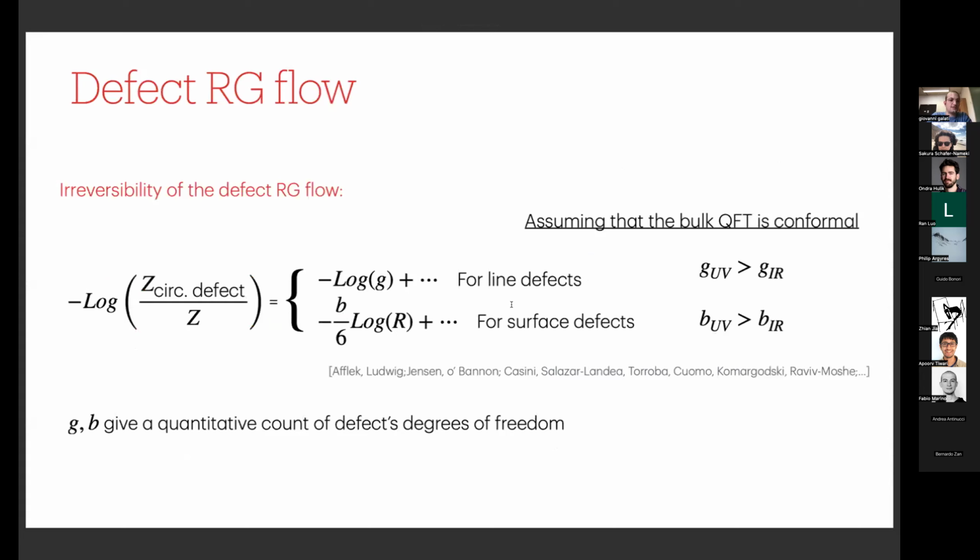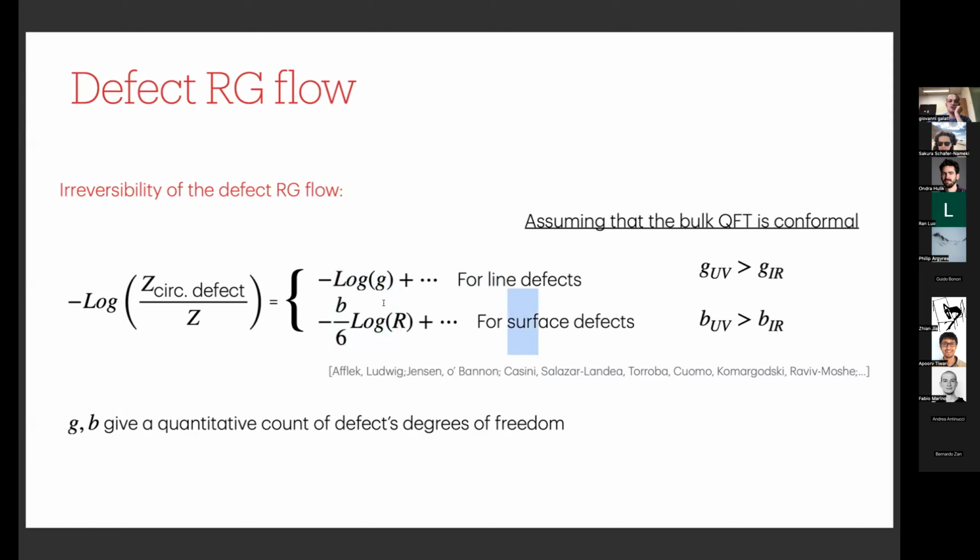However, we have some theorems which constrain such RG flows. In particular, if we assume that the bulk is conformal, so there is no RG flow in the bulk and the RG flow is localized only on the defect, then we can find some monotonically decreasing functions, which here I'm listing for line operators and for surface operators.